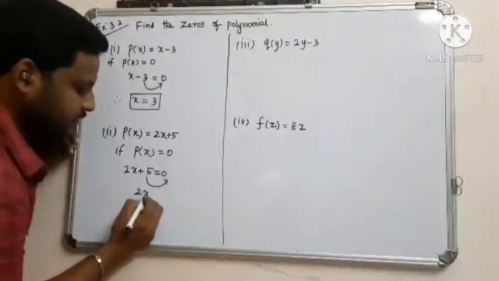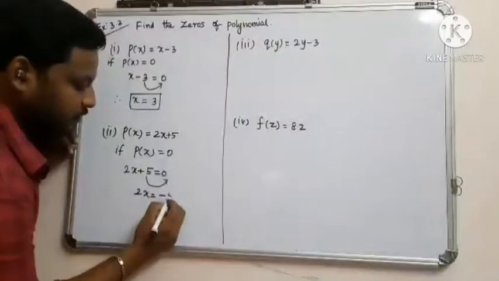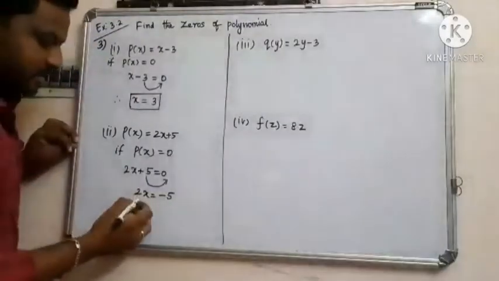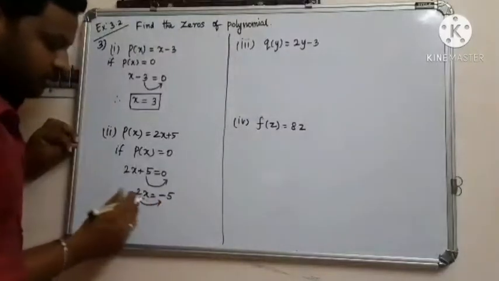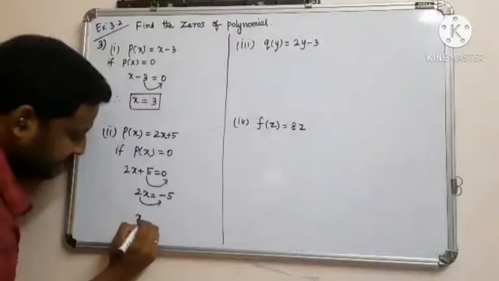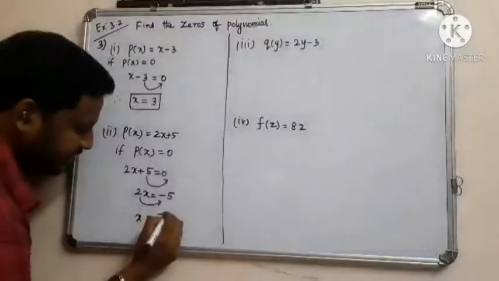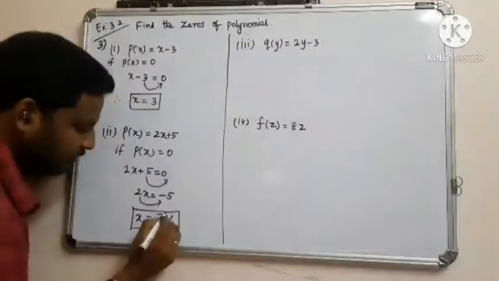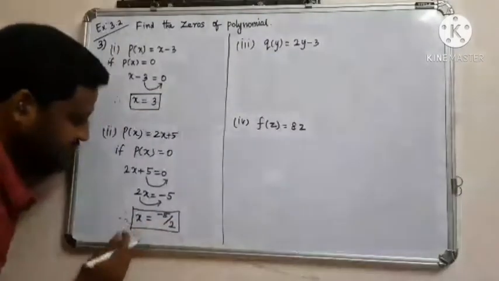So 2x is equal to minus 5. We have to find out the value of x. So 2 will change from multiply to divide. So x is equal to minus 5 divided by 2. So this is the value of the zero of the polynomial.